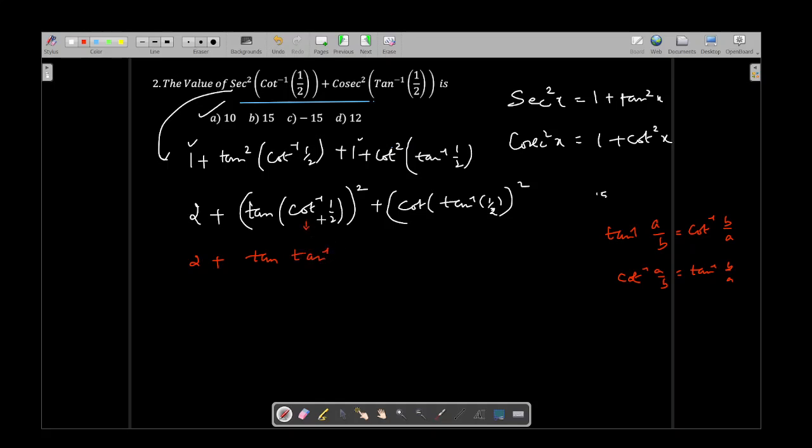When I convert cot inverse to tan inverse, this becomes reciprocal, so it is 2 whole square, plus cot, and I'll convert this tan inverse to cot inverse of 2 whole square. So now I can cancel tan inverse and tan, cot and cot inverse. So 2 plus 2 square plus 2 square is 2 plus 4 plus 4, which is 10.